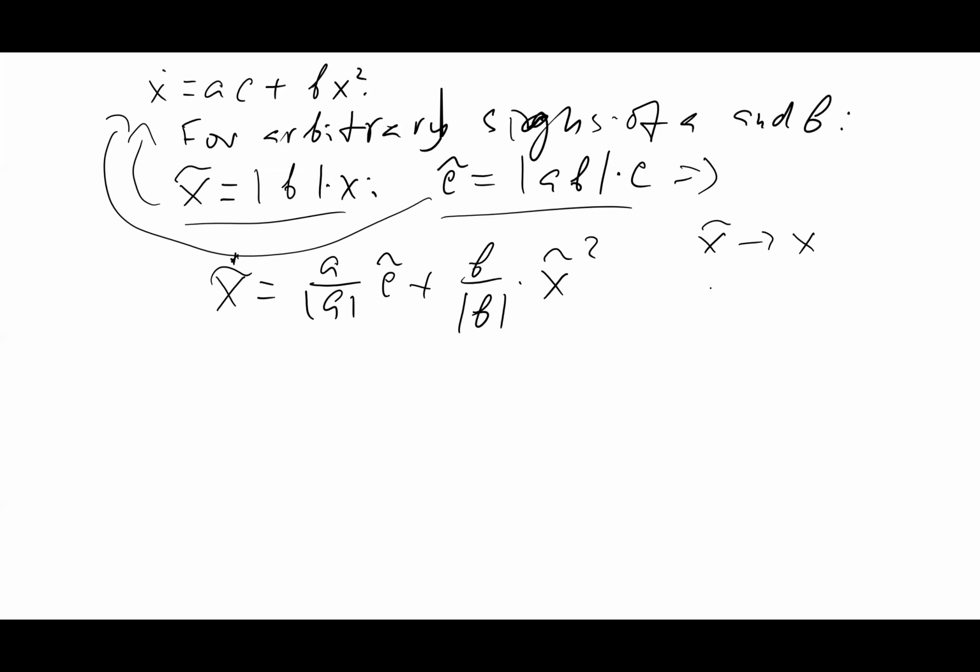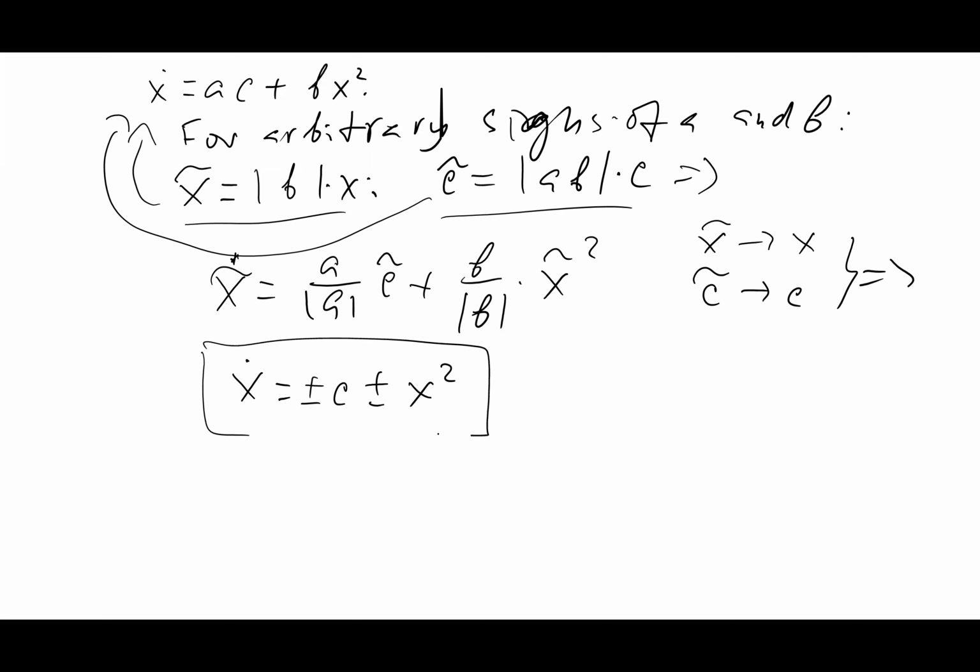Or if we get back to previous notations, we get x dot equals a over absolute value of a, which is plus 1 or minus 1, so we put it as plus minus c plus minus x squared. So this is called the normal form for fold bifurcation.